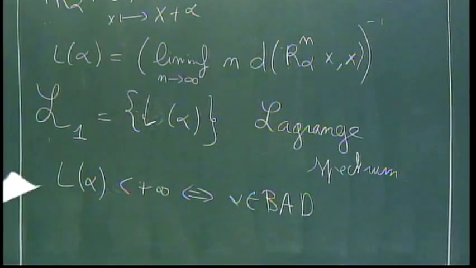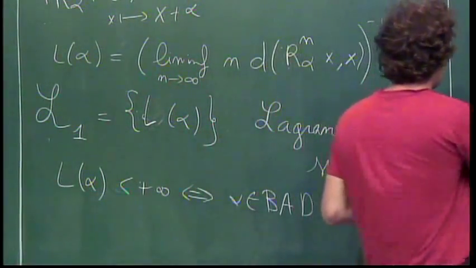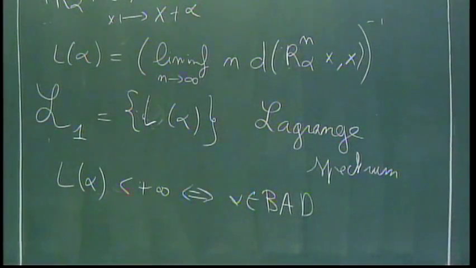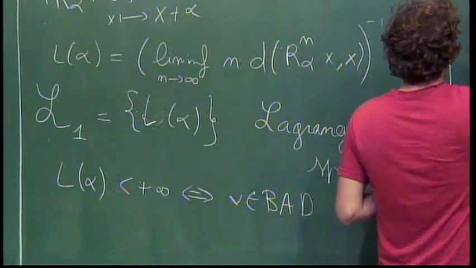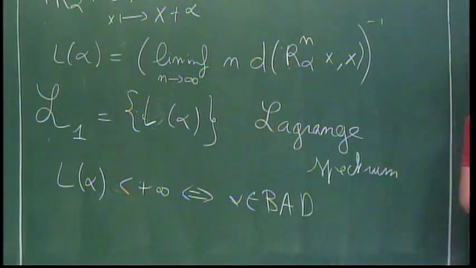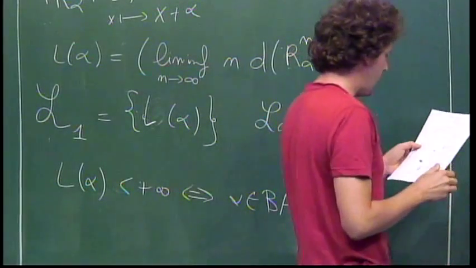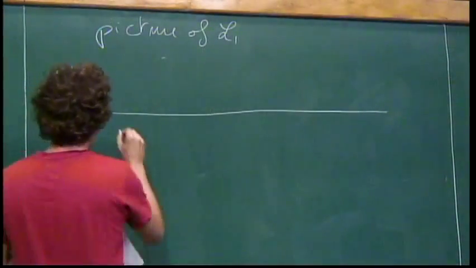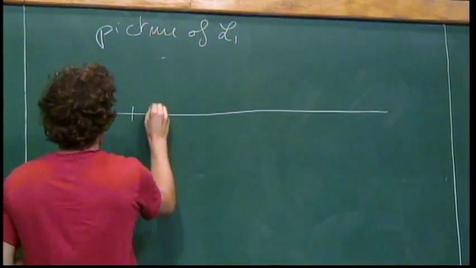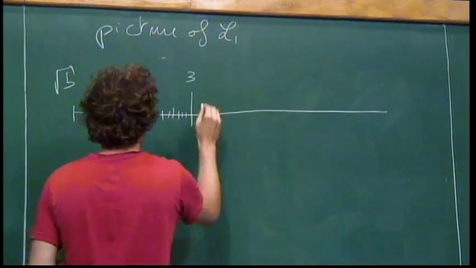So let me make a picture of what we know about this Lagrange spectrum, L of 1. It starts at square root of 5. There is a discrete sequence with the first accumulation point at 3.